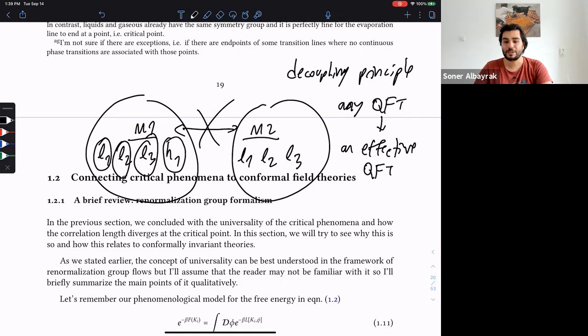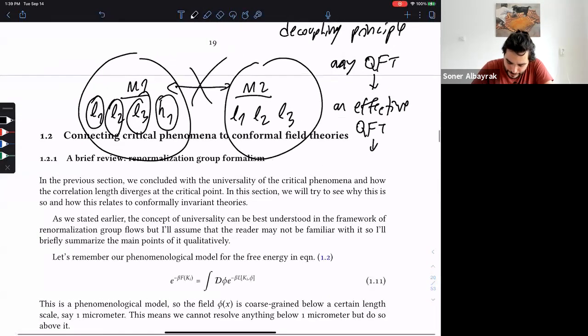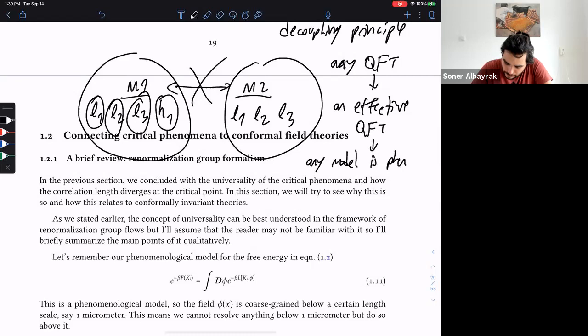Now, because we can't prove it otherwise, you cannot guarantee that a model is complete. There can always be heavier particles. So that means basically any model is phenomenological, because it may need to be modified at higher energies.